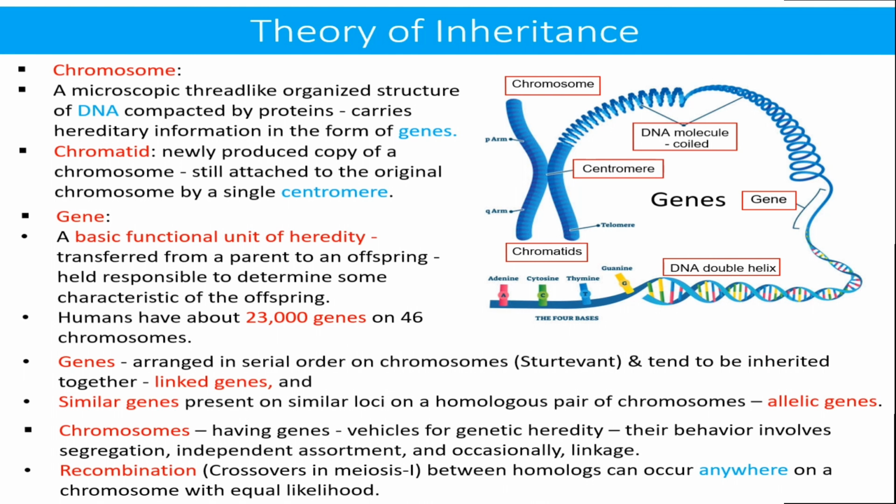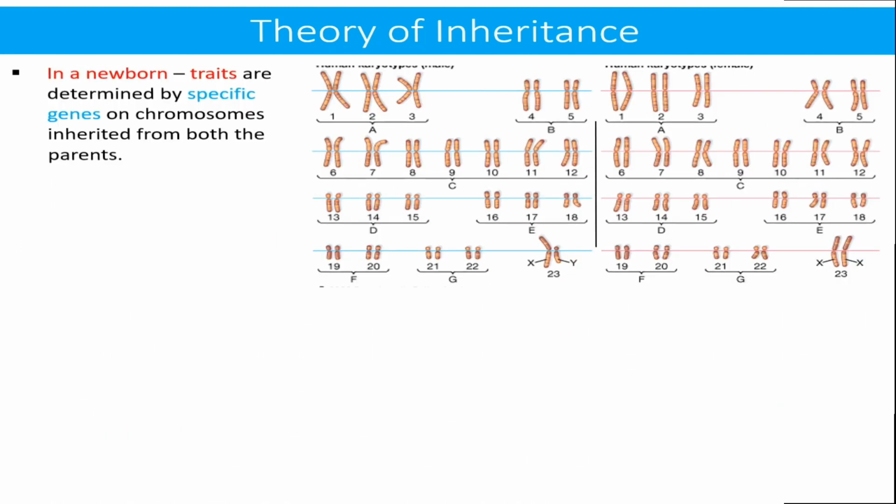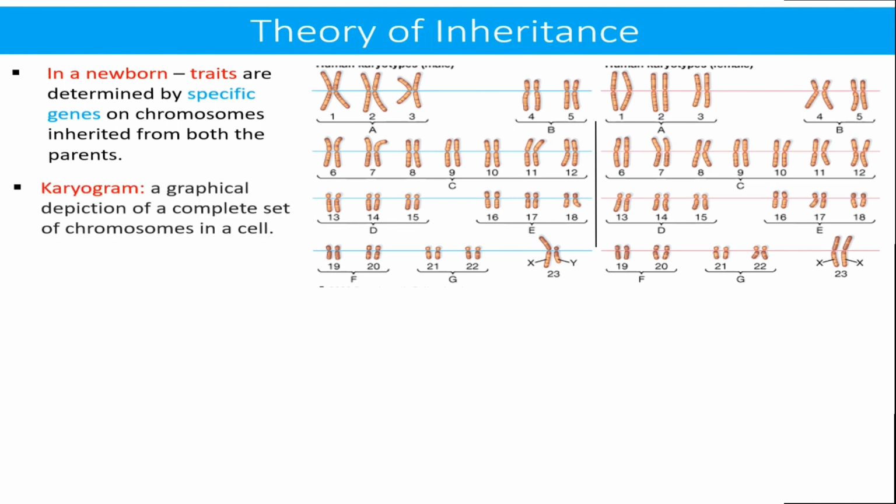Chromosomes having genes are used as vehicles for genetic heredity, and their behavior involves segregation, independent assortment, and occasionally linkage. Recombination between homologous chromosomes can occur anywhere on a chromosome with equal likelihood. In a newborn, traits are determined by specific genes on chromosomes inherited from both the parents.